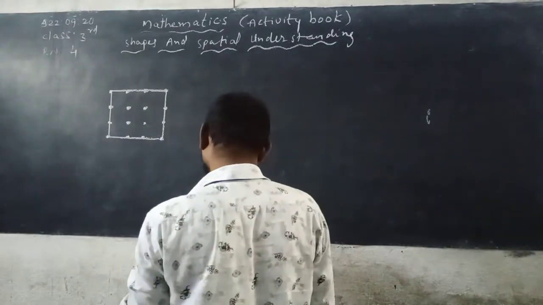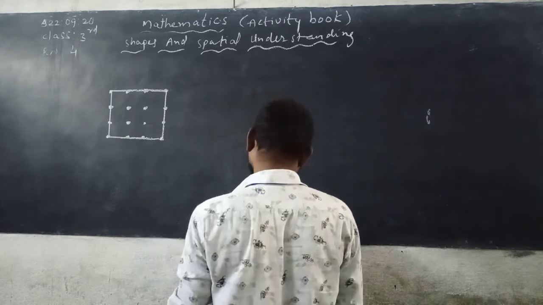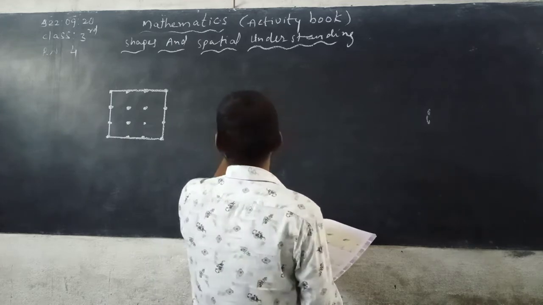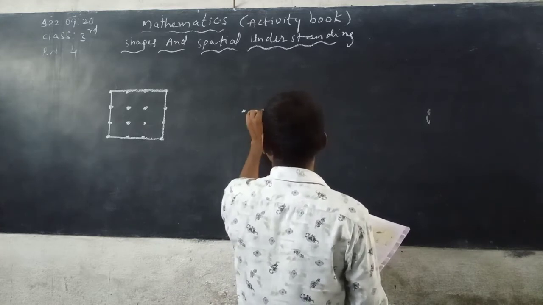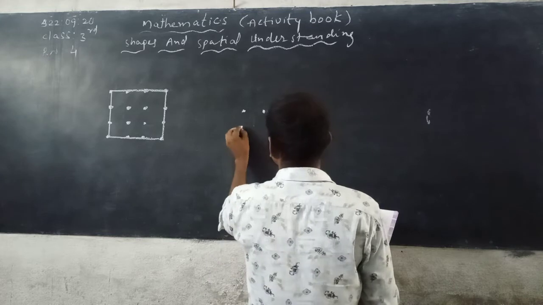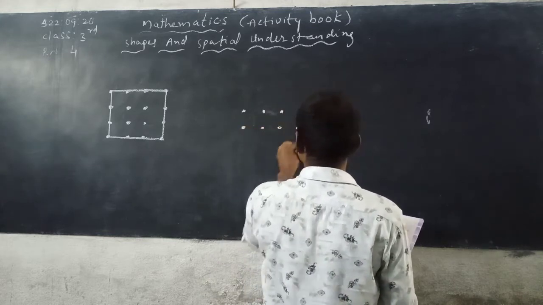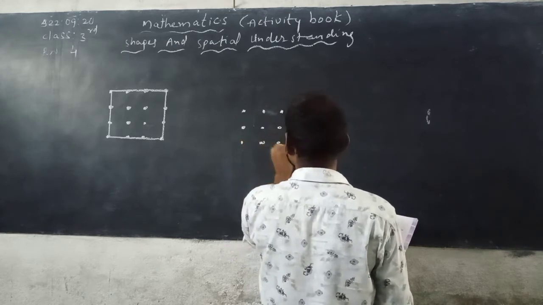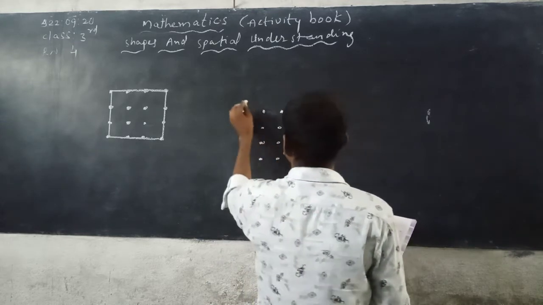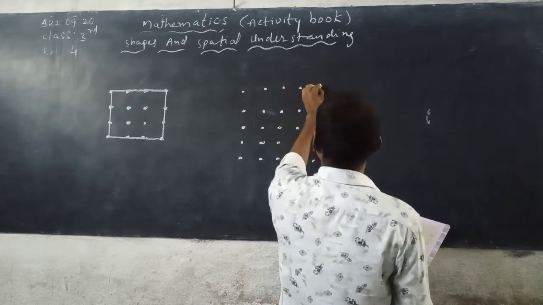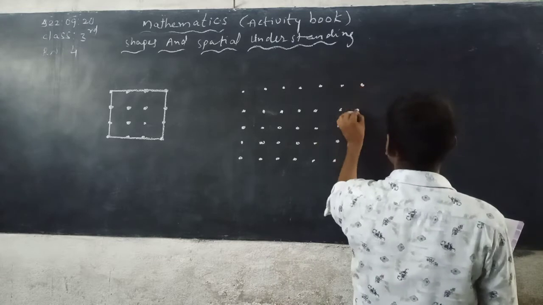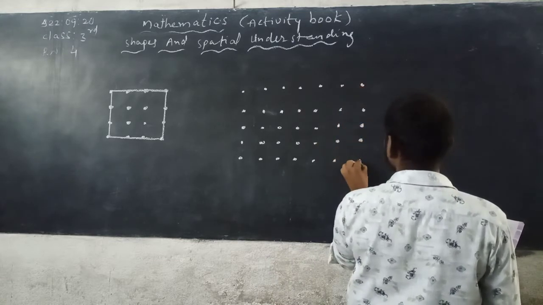Now next, these are the dots given in your activity book.